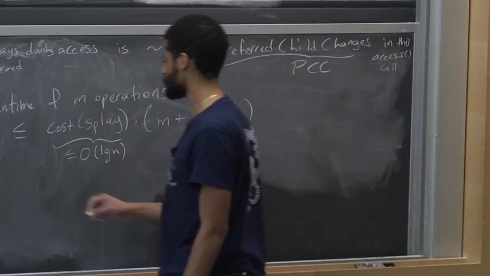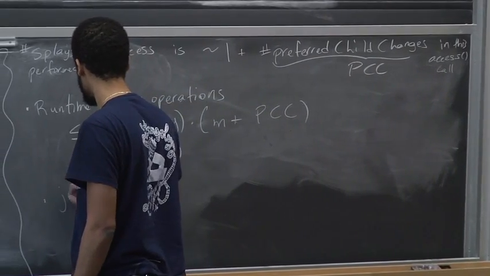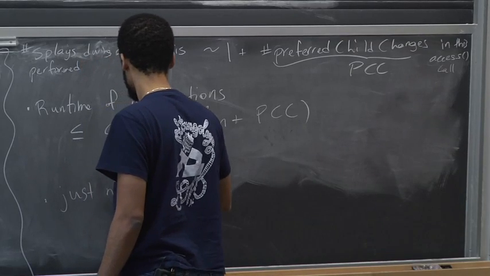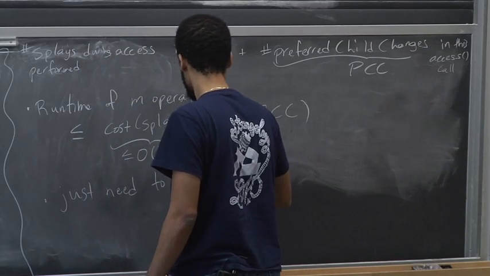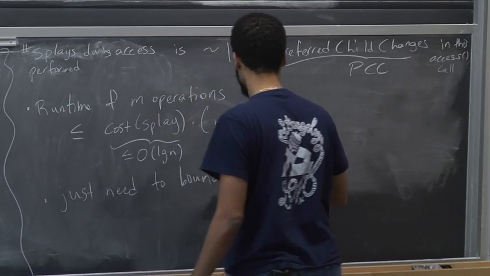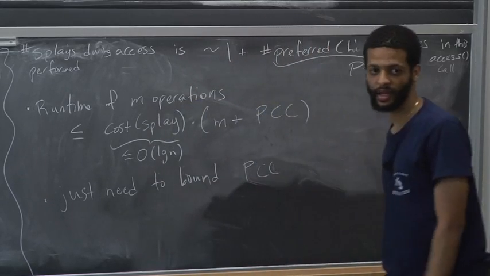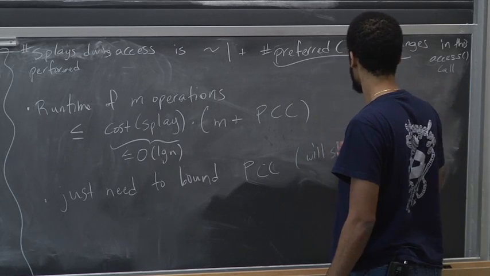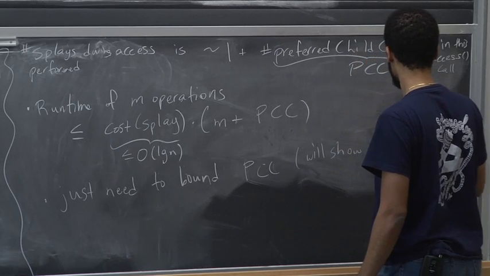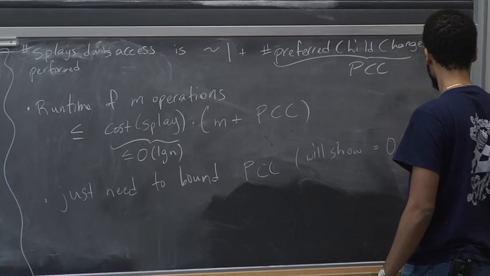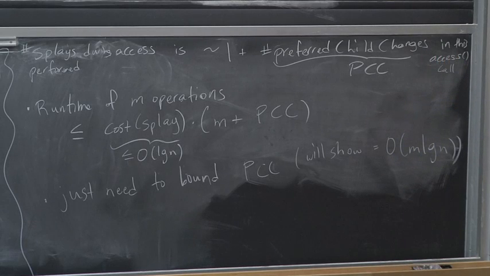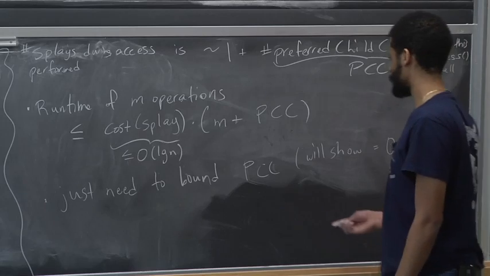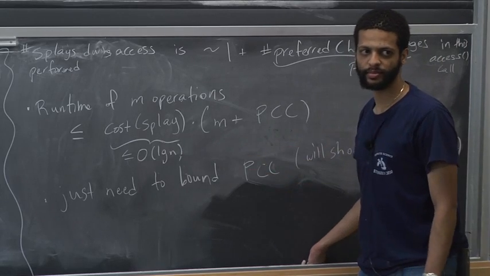So we just need to bound the number of preferred child changes, and we'll show that it's O of m log n. And that's why we get the m log squared n.